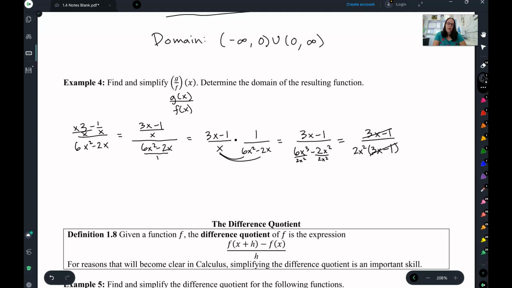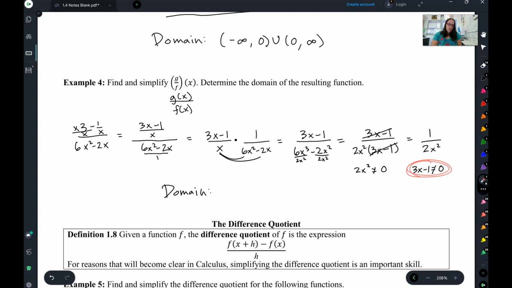This is going to create what we call a hole in the graph, which is something we'll talk about a lot more in chapter 3. But for now, understand that a hole is also something that cannot be included in the domain. So even though this simplifies to this, because both of these were in the denominator at one time, when we go to find the domain, we still need to set both cannot equal 0.